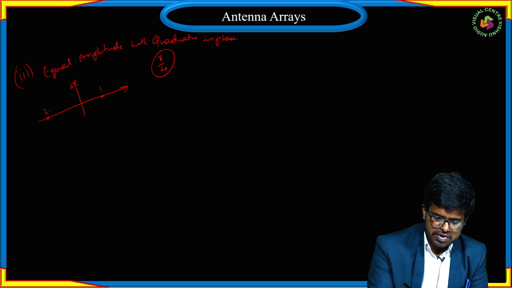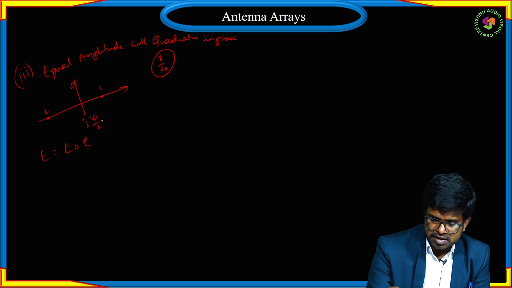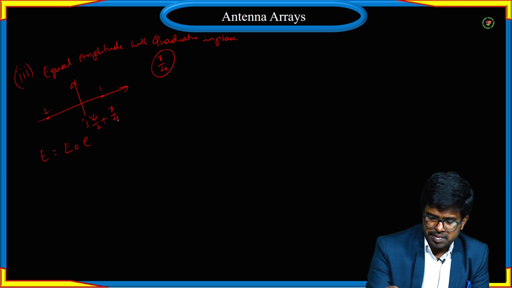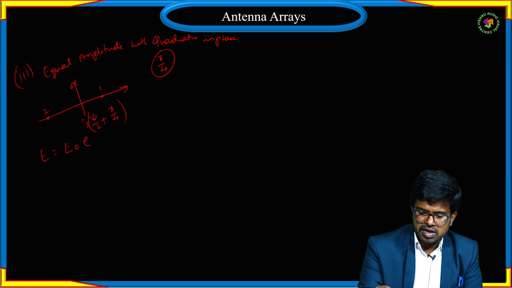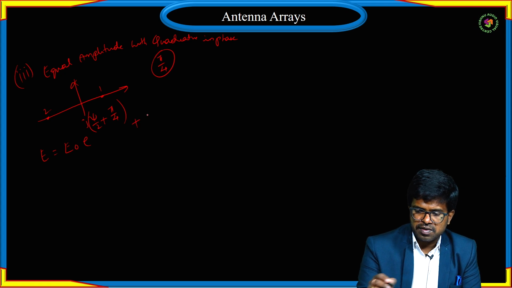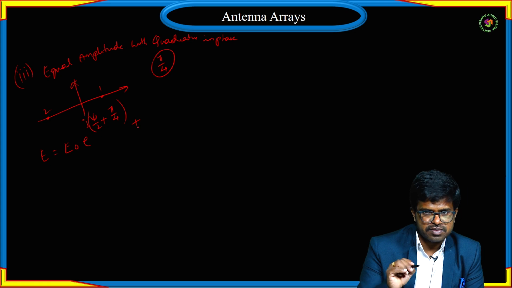Then the resultant equation will come like this: E equal to E naught e power plus j psi by 2. Here we will add an extra component, that is pi by 4, because this is quadrature in phase. Then this is plus, we have not told any opposite phase, we have told only quadrature, so we will take plus only here.